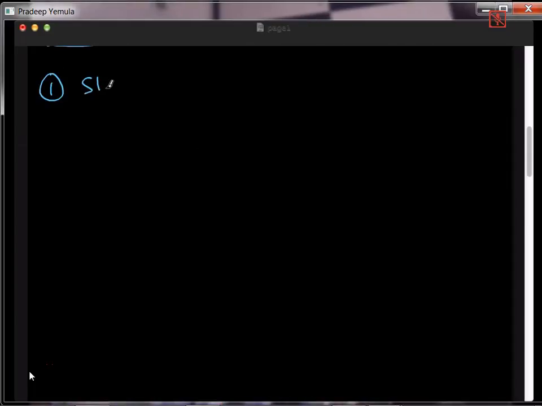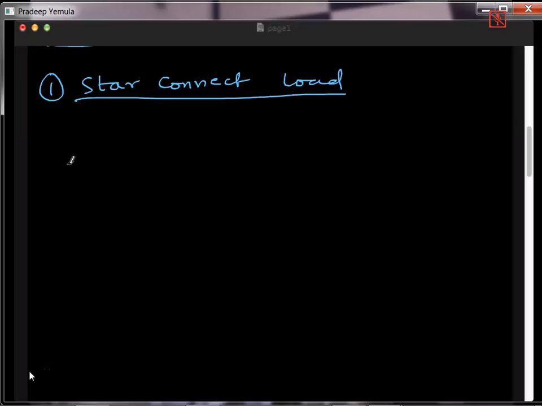So, star connected load. So what is a three-phase network? Three-phase network will be like this.